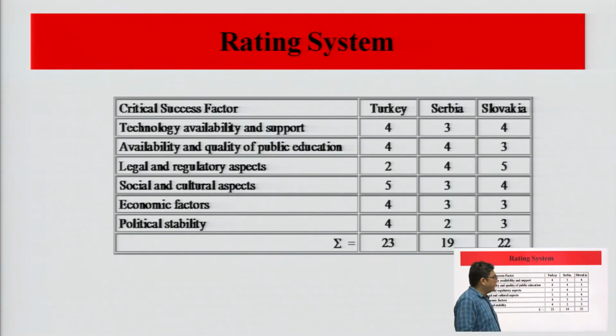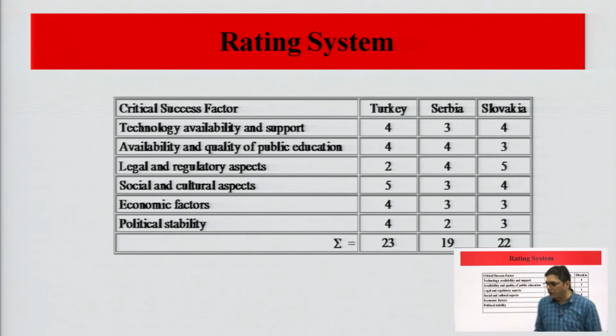Similarly, there is another method, a rating system. In this rating system, I have taken 3 countries: Turkey, Serbia and Slovakia. These are the certain factors that I had taken.